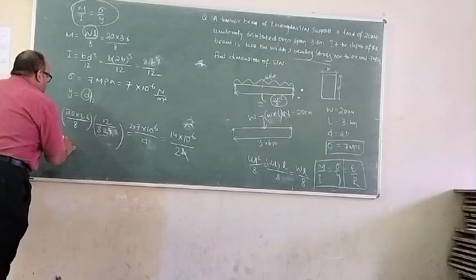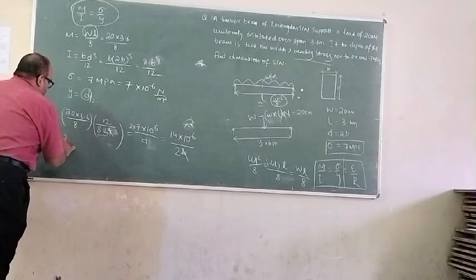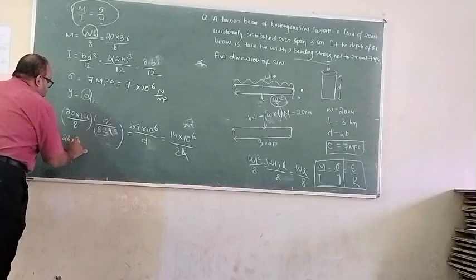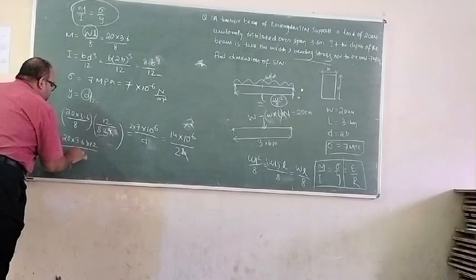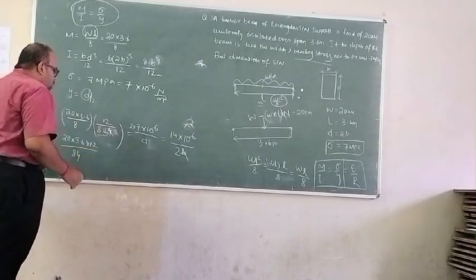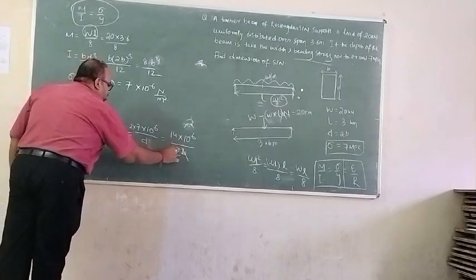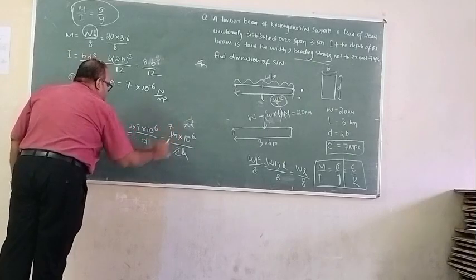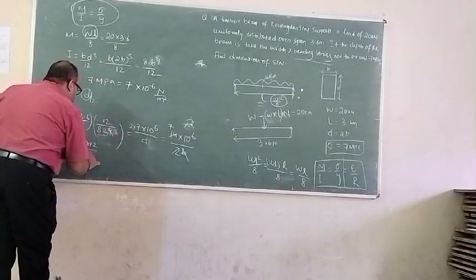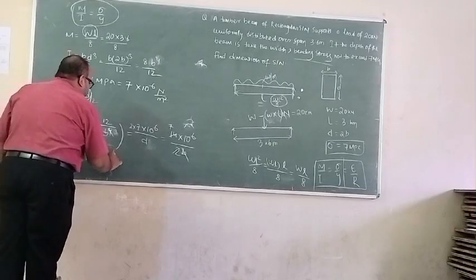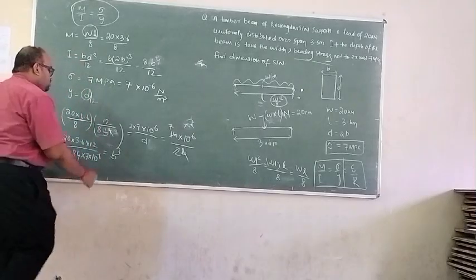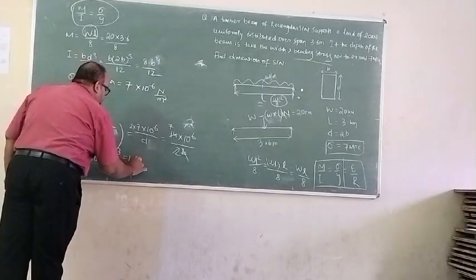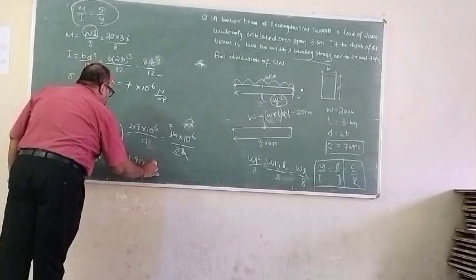So I can write this as 20 multiplied by 3.6 multiplied by 12 divided by 64, and 2 cancels with 7. So 7 multiplied by 10 to the power 6 equals B cubed, which equals 1.92 multiplied by 10 to the power 6.